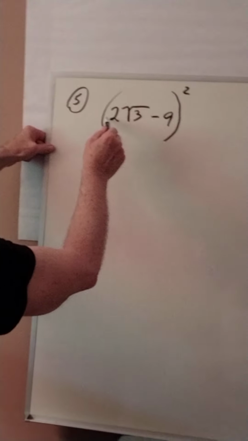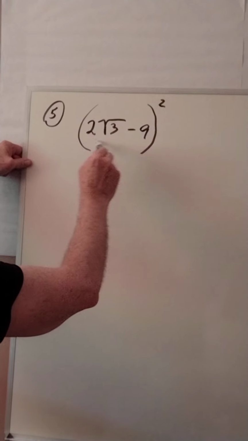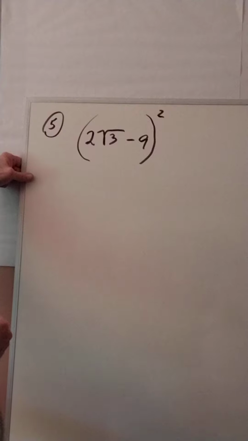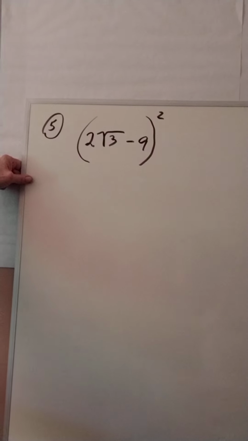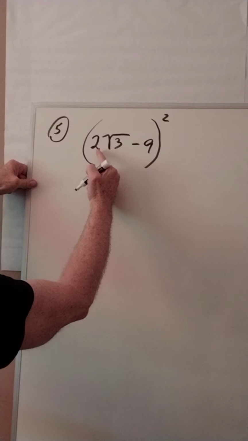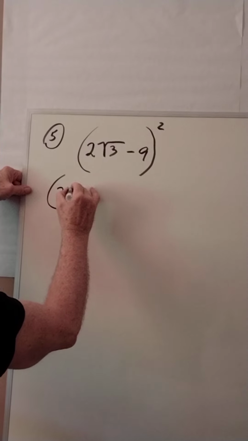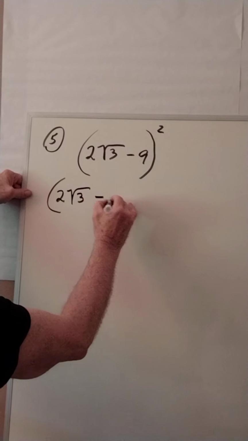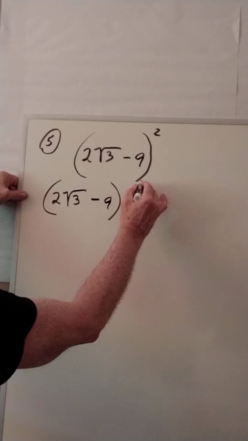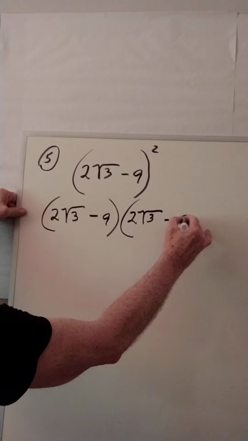That exponent of 2 indicates that you have 2 factors of this binomial. So we're going to expand it out and write out 2 side by side of that binomial. 2 root 3 minus 9 times another one, 2 root 3 minus 9.